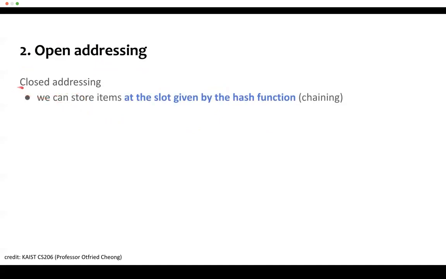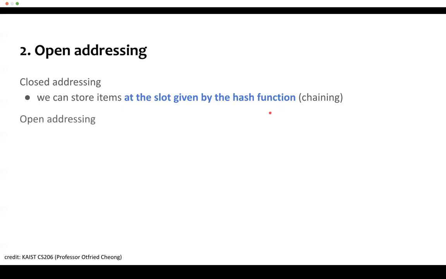In the scheme of closed addressing, we can store items only at the slot given by the hash function. This is what we use for chaining. We cannot store items at other positions than the hash function indicates. This is very fixed.